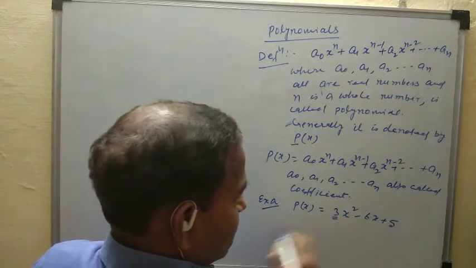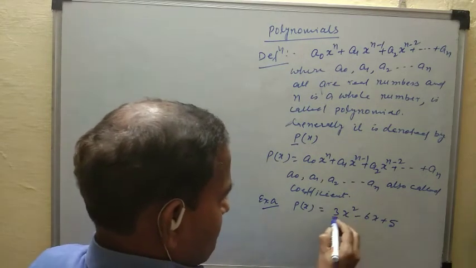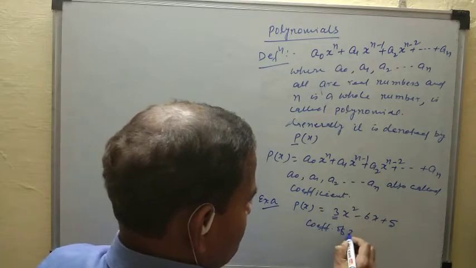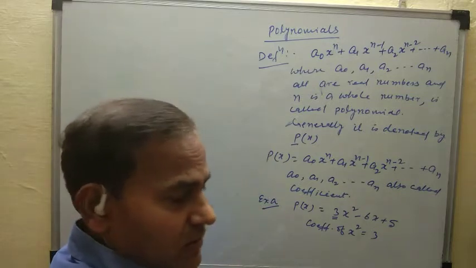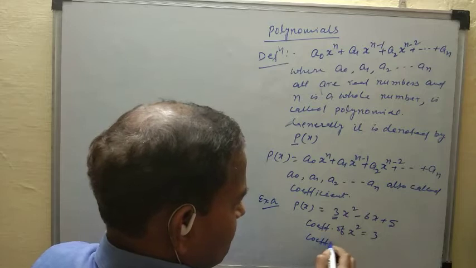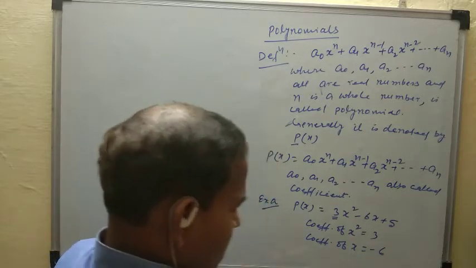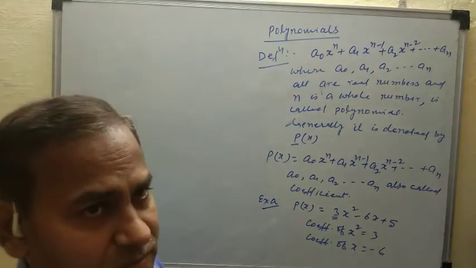This is a polynomial, and the coefficient of x square is equal to 3, and here minus 6 is the coefficient of x, and this is a constant term.